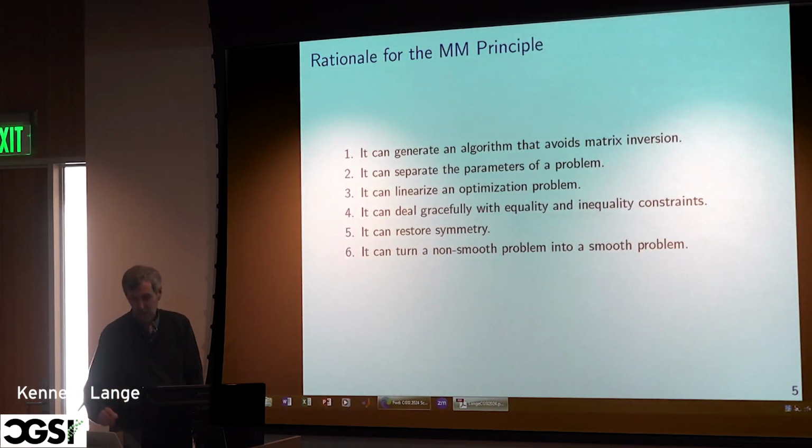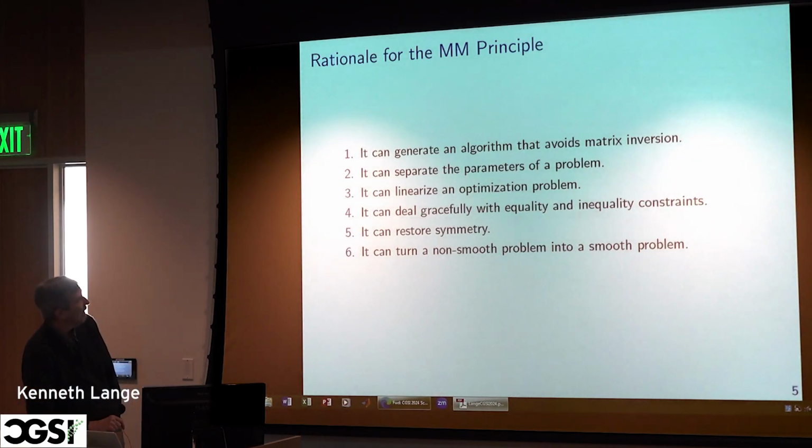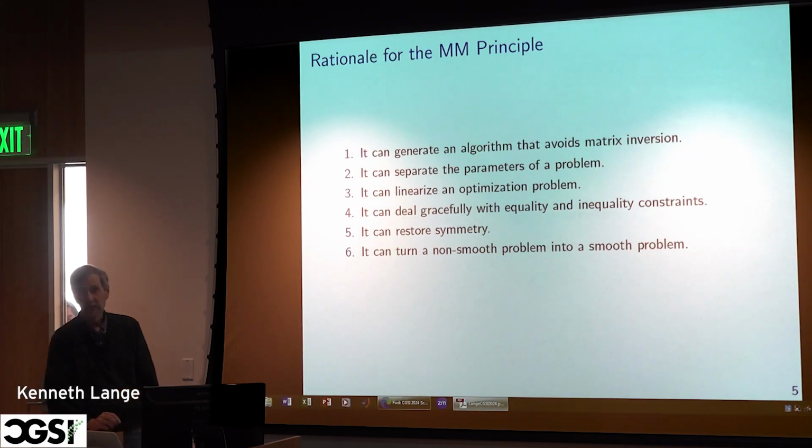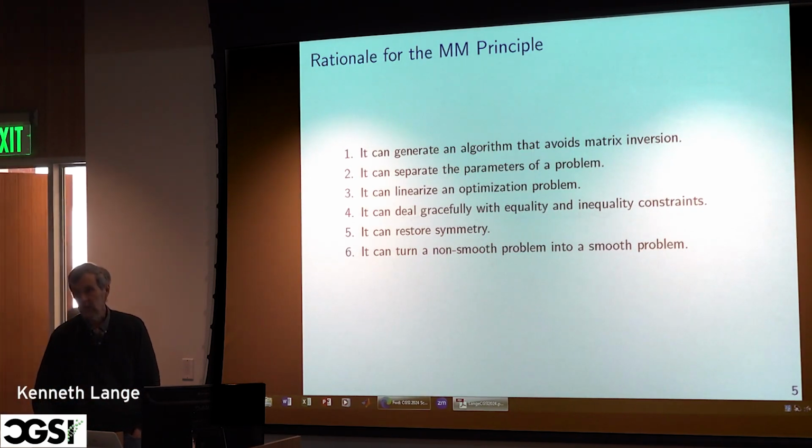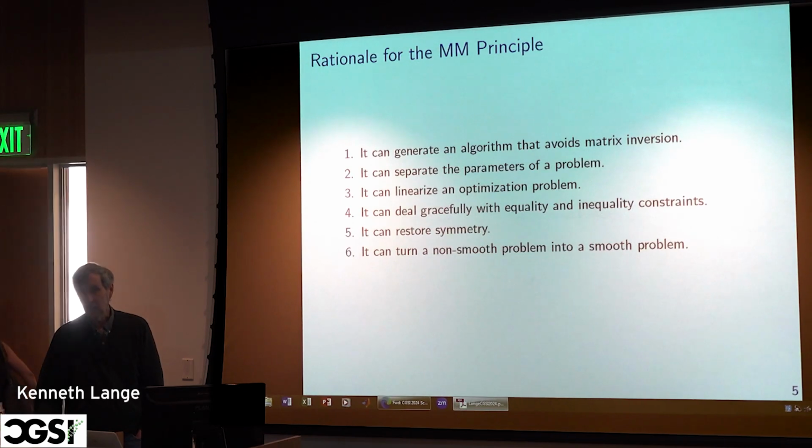Okay, so what's the rationale? I have 6 reasons here. One of them is you can avoid matrix inversion. And if you look at classical optimization algorithms in statistics, many of them are Newton's method or Fisher scoring. They both involve solving often large-scale systems of linear equations.